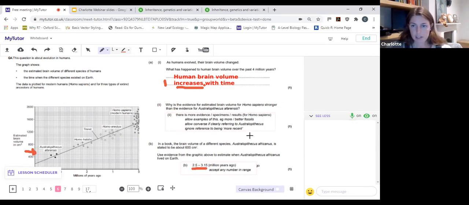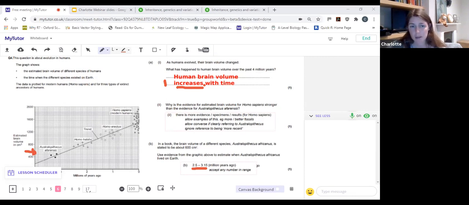Okay, really good. Little question there. Does having a larger brain volume always mean that we're smarter? It depends what you mean by smarter, I suppose. Having a larger brain volume means that you can do more processes. I suppose that's one way of describing it. You're able to do much more with your brain. So it doesn't necessarily mean that you're smarter in a way.